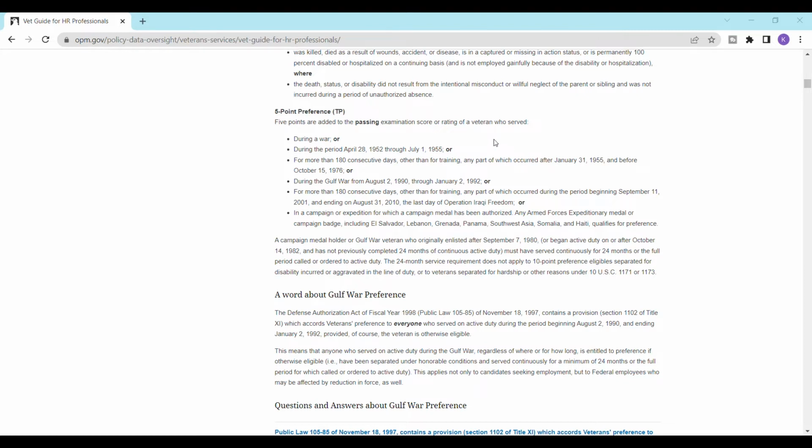You can see here the TP 5-point preference eligibilities. So you just have to meet one of these since it's "or" in every category.